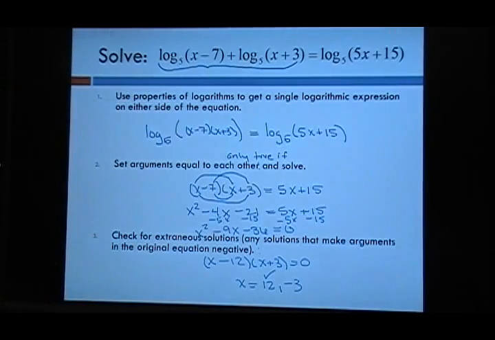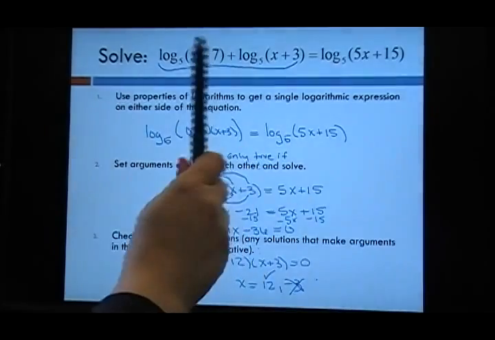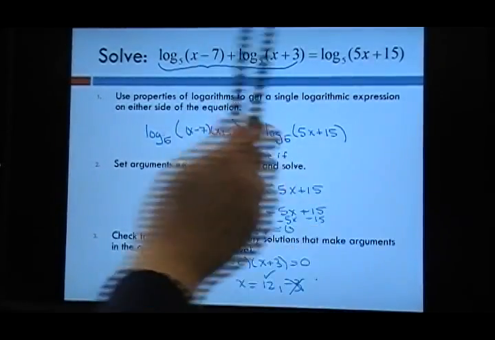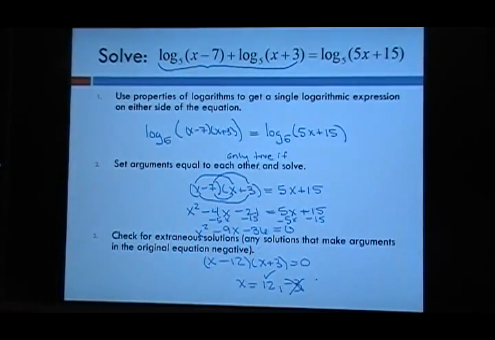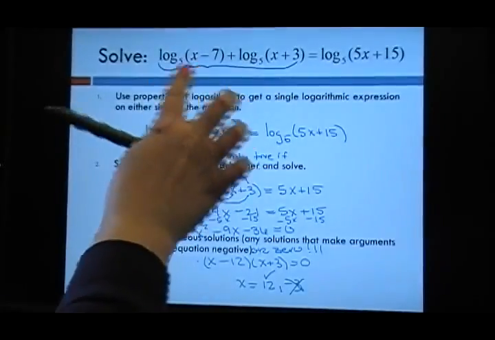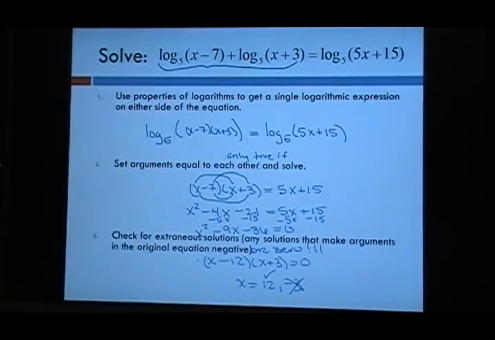Yes, it is. So I can't use negative 3, right? I have to throw out any solutions that make any argument negative. It doesn't have to make all of them negative. It just has to make at least one. And I should say, actually, not just negative, but or 0. Okay? If it would make any argument equal to 0, that's not possible either.